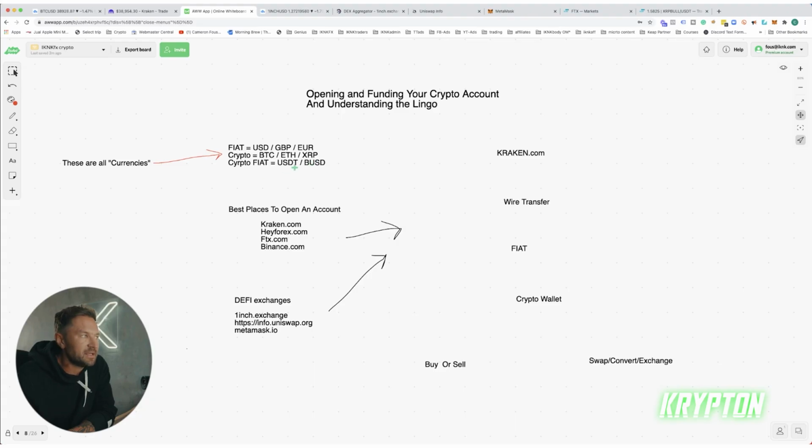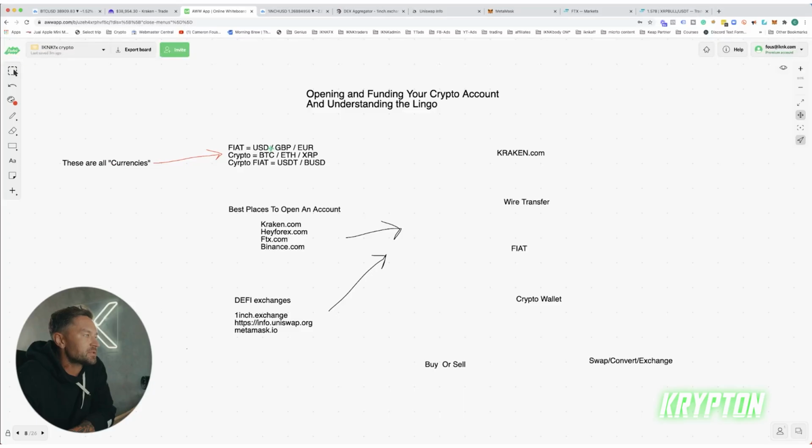So USDT and BUSD are just cryptocurrency formats that track exactly to the current price of the US dollar. Sometimes if you're in your Binance account and you don't want to swap into another crypto, you just put it in BUSD, and that basically just means you're holding the US dollar. So you're not going to see a bunch of fluctuations when you're just trying to hold cash in your account. But essentially, these are all currencies.